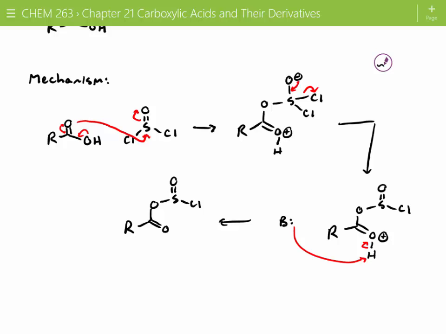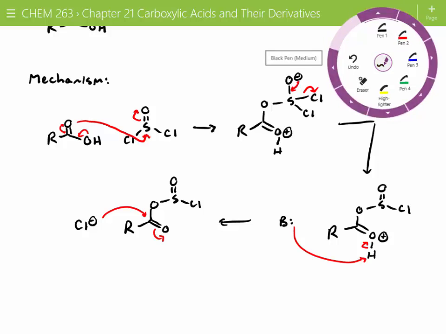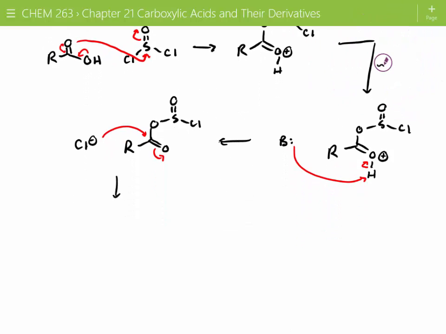So what we can do now is have the chloride that got ejected actually add in, and it can kick up electrons. So now we've got a chlorine, an oxygen with a negative charge, an oxygen, a sulfur, and a chlorine.